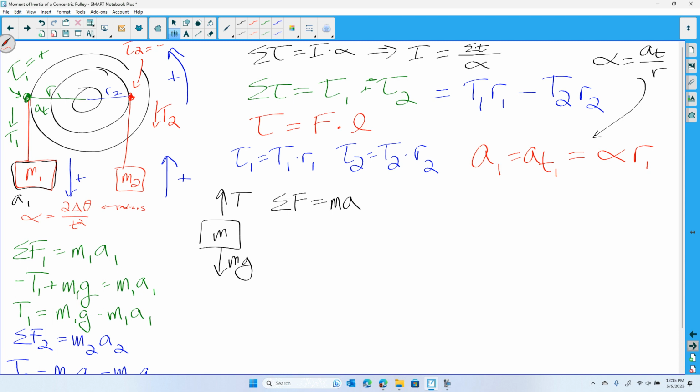And the acceleration at point 2 on the right-hand side is going to be equal to the angular acceleration times the distance from that point to the center of rotation. And the tangential acceleration will be equal to the acceleration of mass 2. So now we are only dealing with known quantities. We know the mass, we know g, we know alpha, we know r. That's all we need.